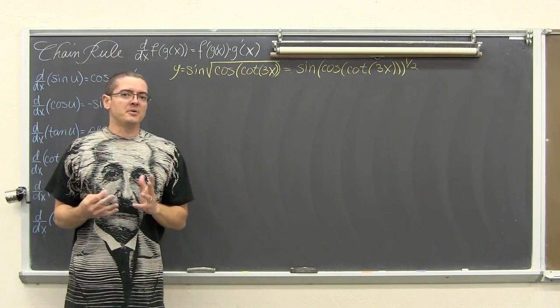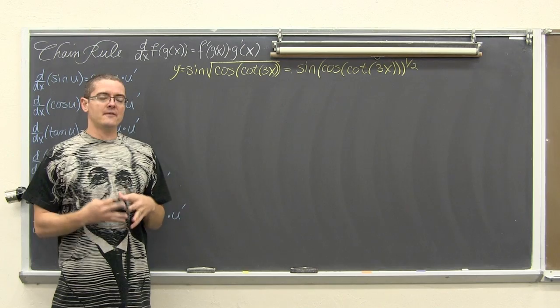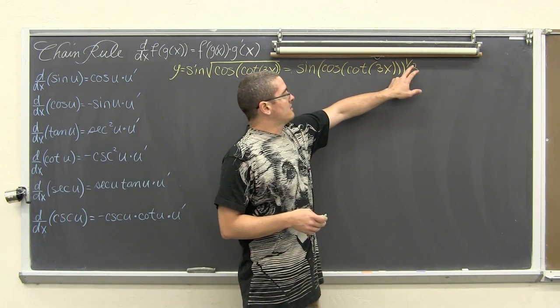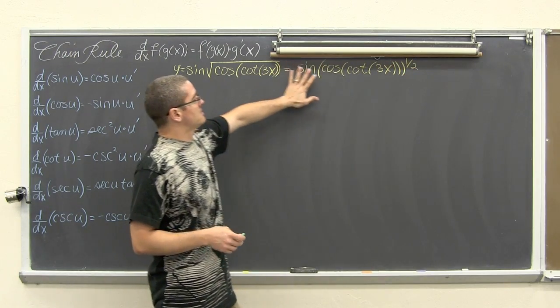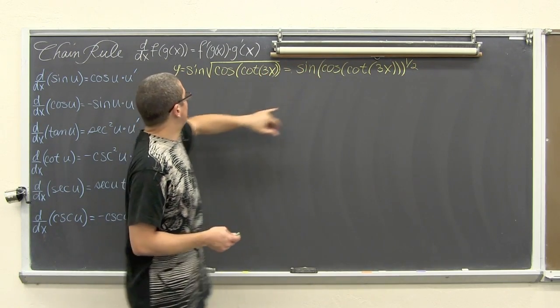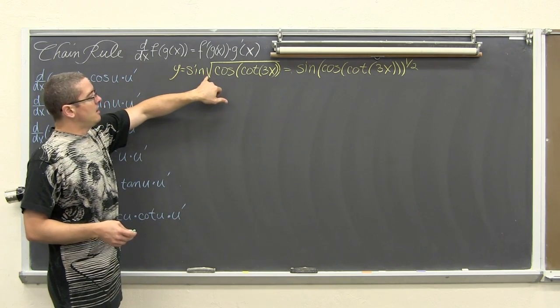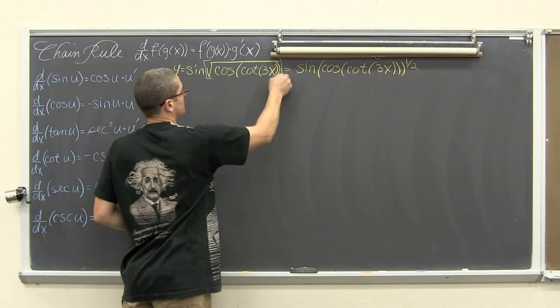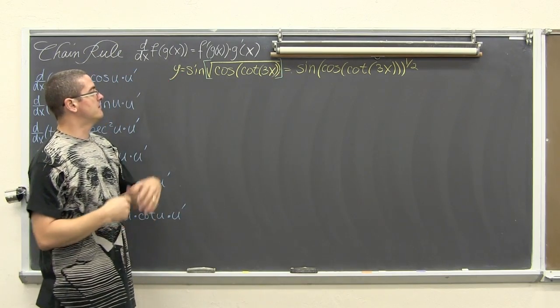This is a great place to emphasize the extra use of parentheses, because you could easily think that this 1/2 applies to the entire trig function, but it's not. It was the sine of the square root of cosine of.